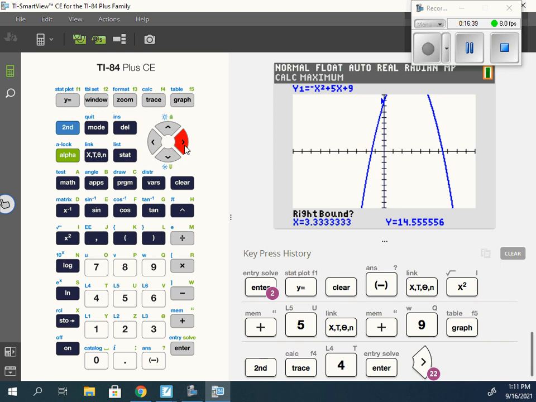So, okay, we're to the right of the maximum value because we noticed that the y values did increase for a while and now they're coming back down. Now, if I wanted to, I could keep going to the right until it shows back up. But I don't need to. We could have just hit enter a while ago and then hit enter one more time. And it would give us our answer.